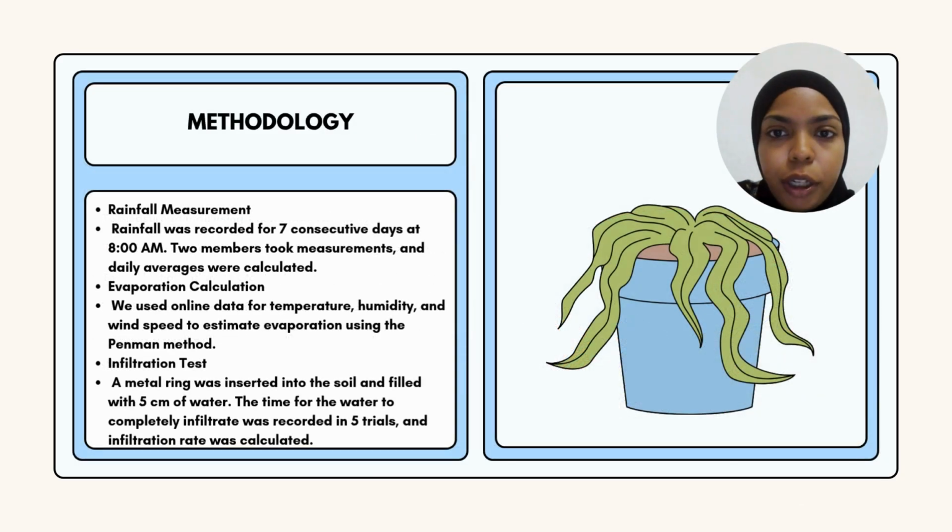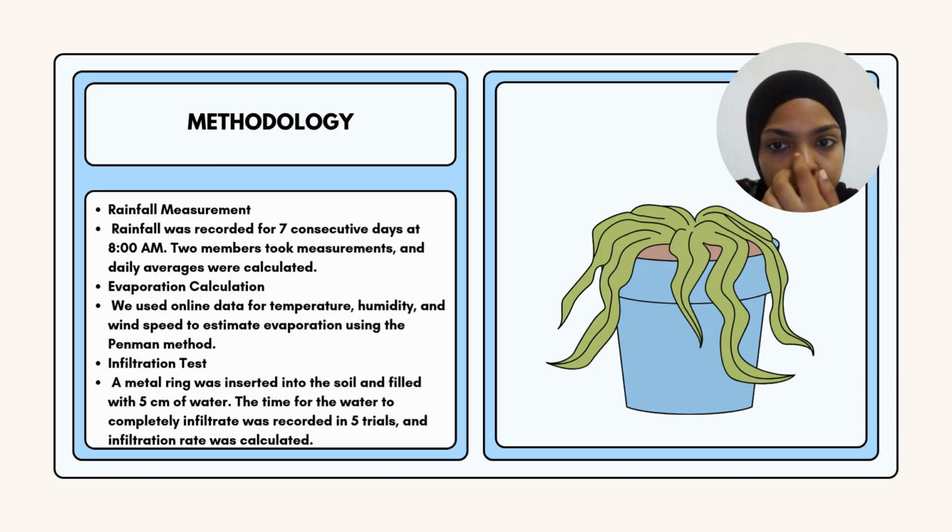So I'm going to talk now about the methodology of how we did our experiments and how we collected our data and calculated them. This project had three experiments to be done to measure the rainfall, the evaporation, and the infiltration. For the rainfall measurement, rainfall was recorded for 7 consecutive days at 8 a.m. 2 members took the measurement and daily average were calculated.